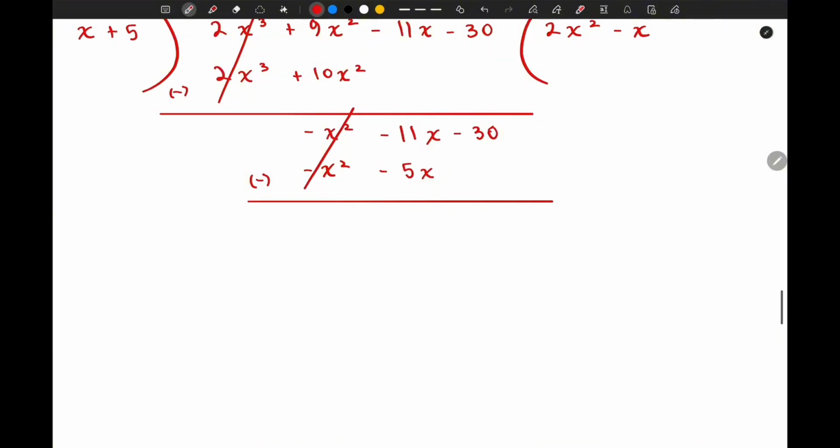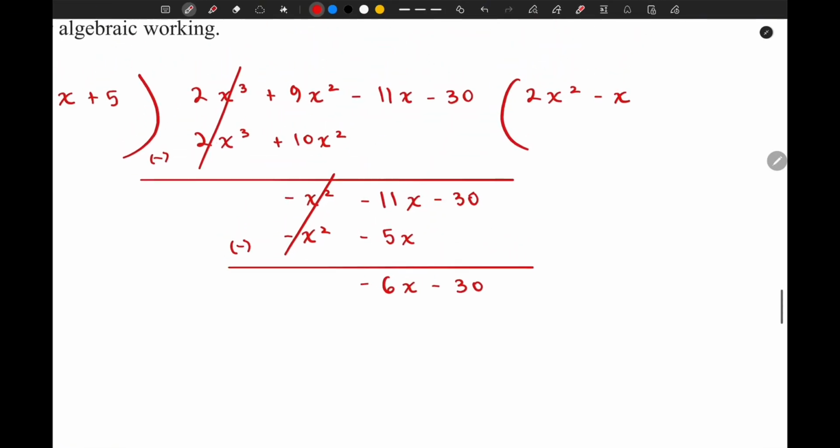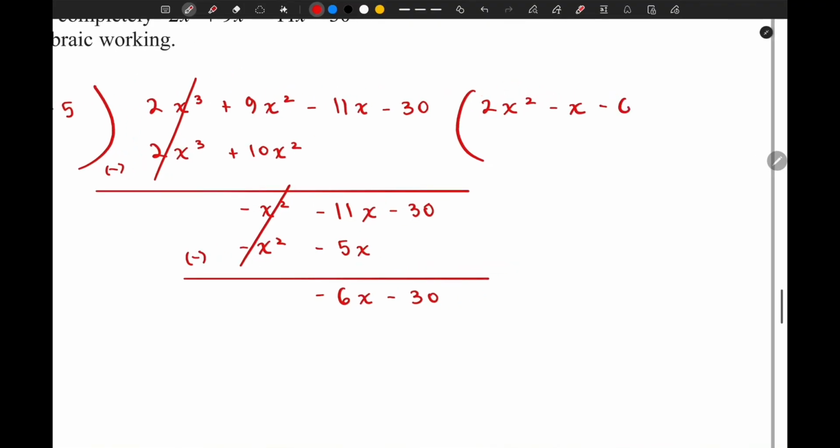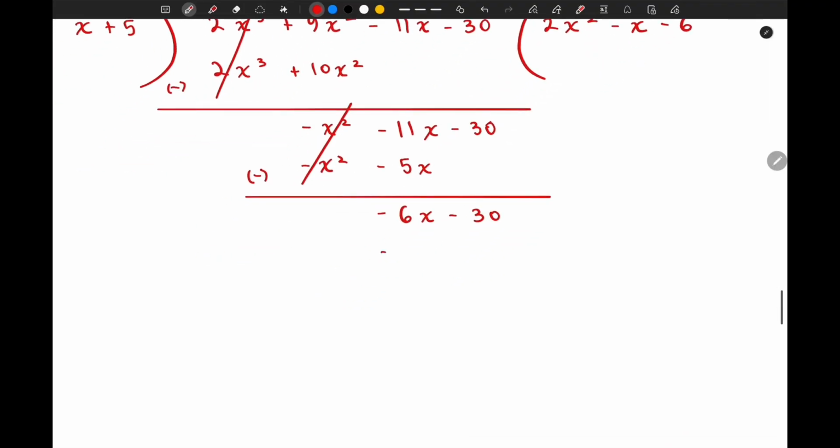So minus 11 plus 5 would be minus 6x minus 30. Then I need to eliminate minus 6x. If I multiply this whole thing by minus 6, I will get minus 6x minus 30. So as you can see, both of them are eliminated. Finally, we have 0. 0 or nothing.